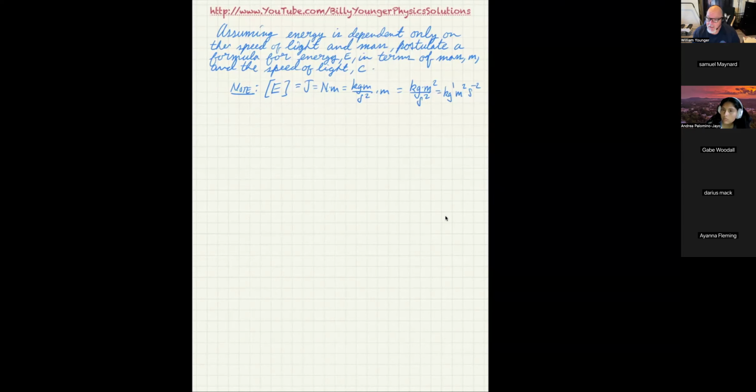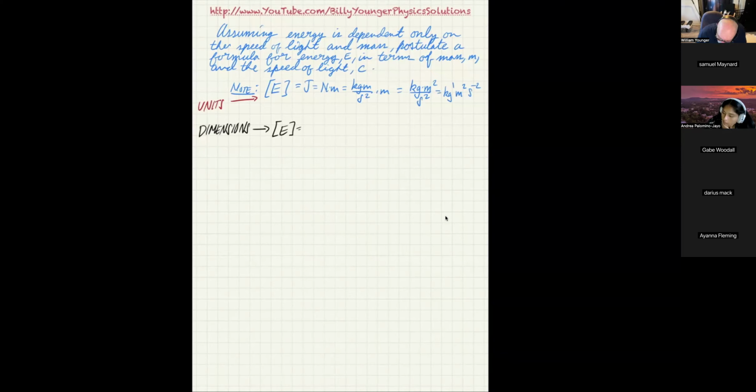Now, if that was all units, what do I mean by dimensions? Let me show you what I'm going to do now. I'm going to use the result that I found already, namely kilograms to the 1 power, meters to the 2 power, and seconds to the negative 2 power.